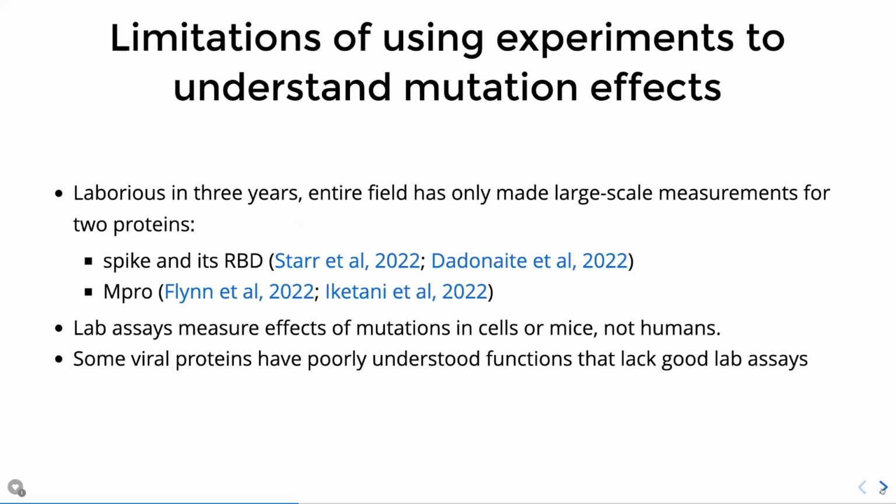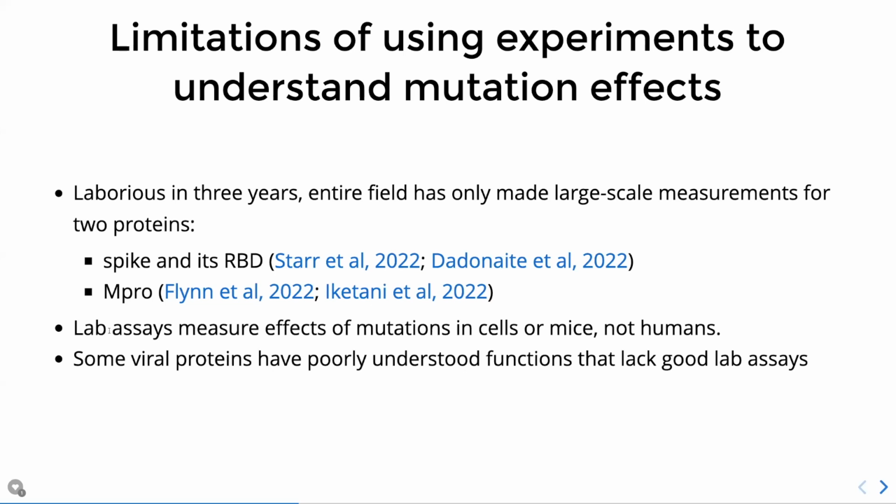Over the last 3 years, a lot of people have been studying mutations to SARS-CoV-2 proteins, but we still only have large-scale measurements for two proteins, spike in its receptor binding domain and MPRO. And then we have a small number of experimental measurements of mutations to some of the other viral proteins. But there are still many, many SARS-CoV-2 mutations that haven't been characterized at all experimentally, despite this intense study.